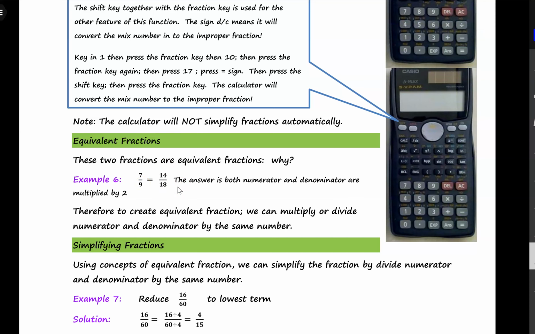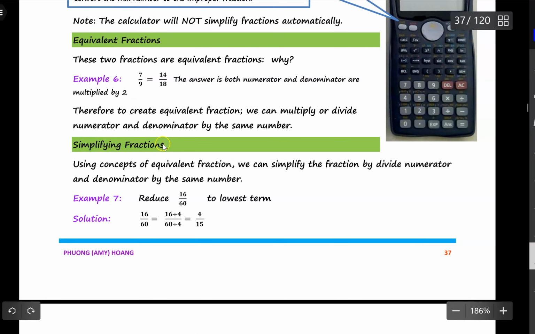Most of the time, 14 over 18 will not be presented unless you have to indicate that fraction. Most of the time the fraction will be presented in lowest terms, which is 7 over 9, a proper fraction that you cannot simplify any further. This process is called simplifying fractions.